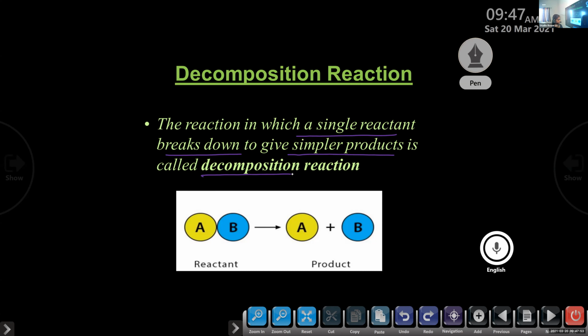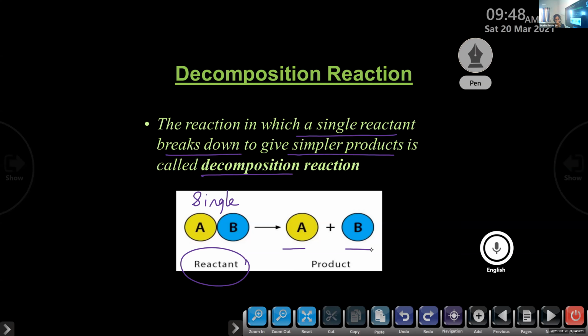And we can consider this AB as a reactant. It's a single reactant, and it decomposes to form two simpler products, that is A and B.